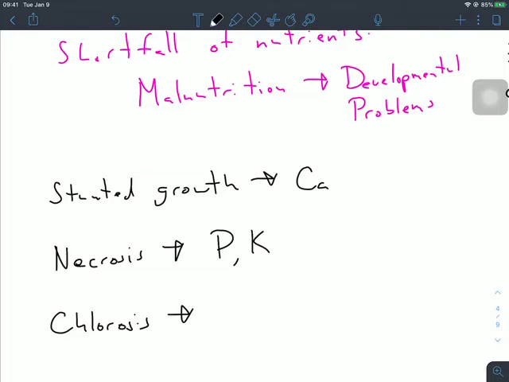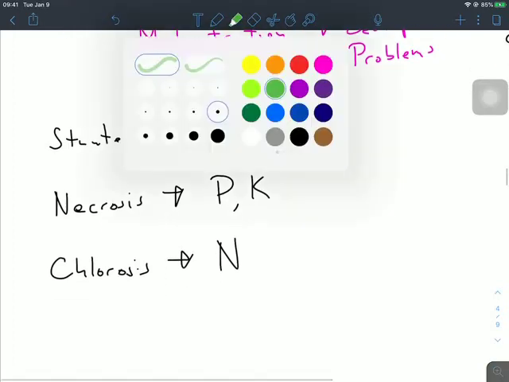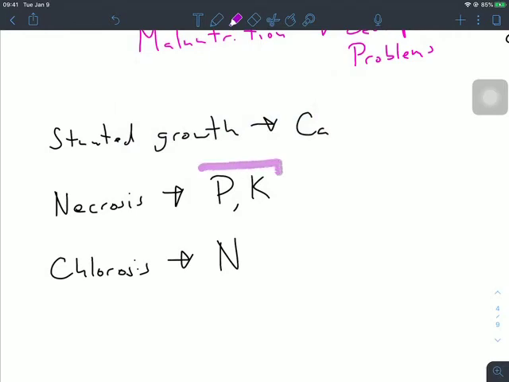And chlorosis, because nitrogen is necessary in the formation of chlorophyll, nitrogen is a common reason for chlorosis in plants. And hopefully, based on this, it should be readily apparent why fertilizers are oftentimes good mixes of N, P, and K, with other fertilizers, or the secondary ingredients, commonly being things like calcium.